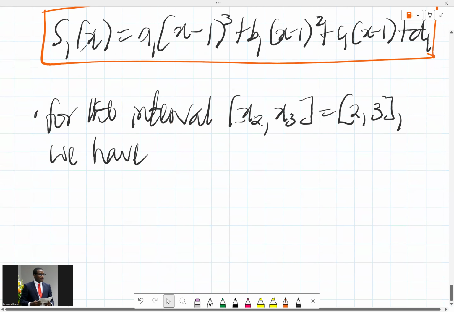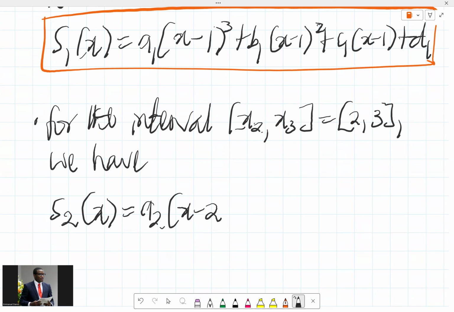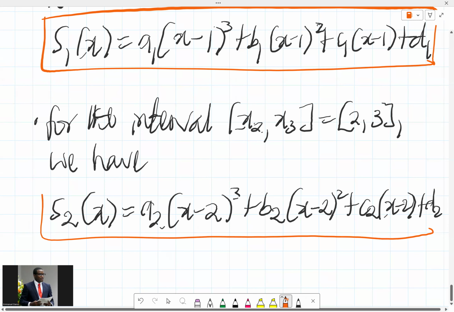Our x2 now is 2, so we are going to have S2(x) equals A2 into (x minus 2) cubed plus B2 into (x minus 2) squared plus C2 into (x minus 2) plus D2. So we have another expression for that next interval.